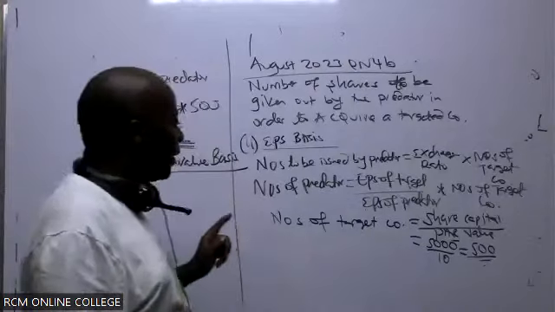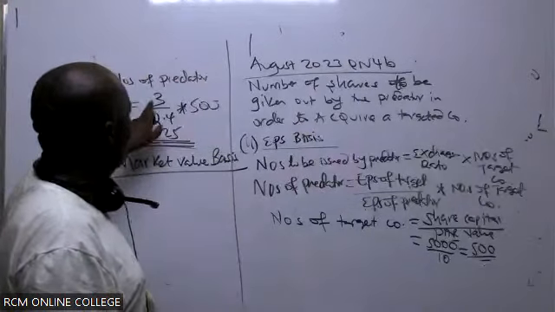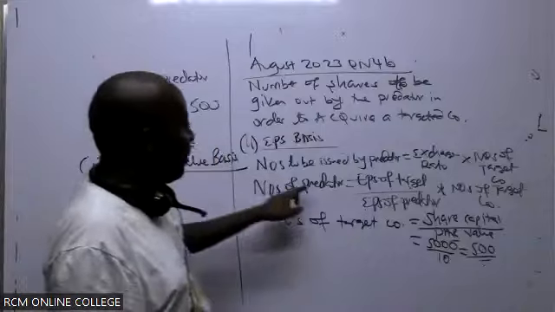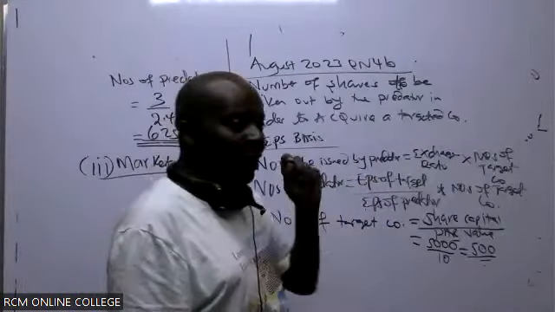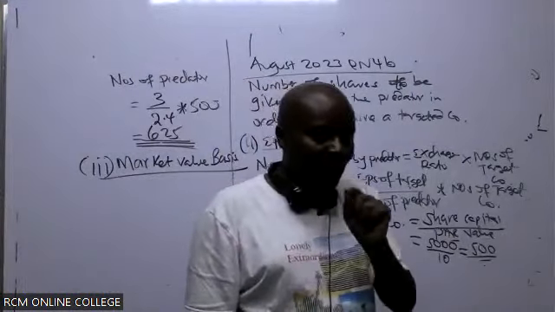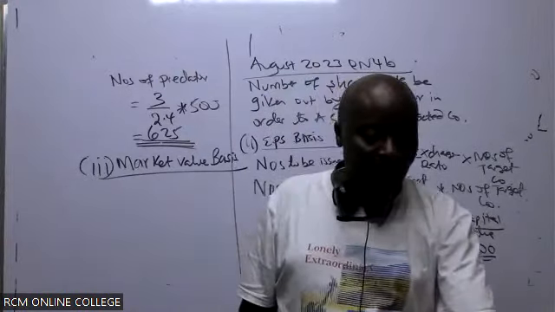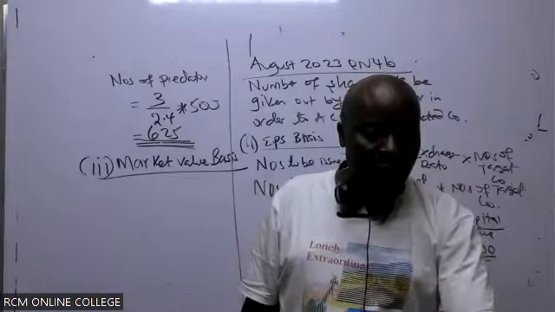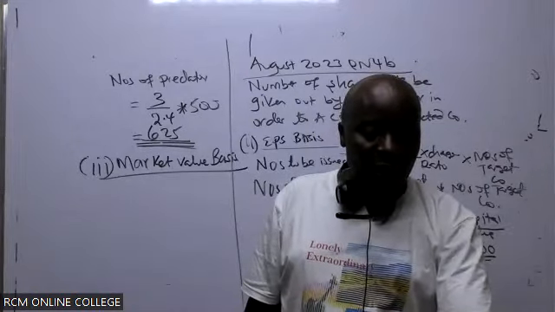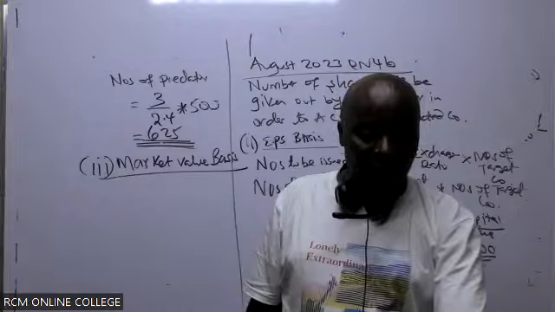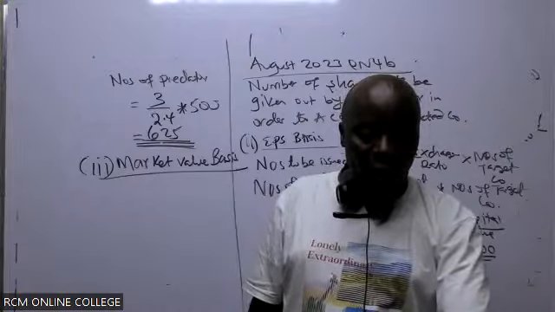In this case, this is the EPS of the target company, and Bero is the target company. And if you look at the additional information, there is the second table there. You'll be able to see the current earnings per share. Bero is 3. Now, the acquirer is 2.4.